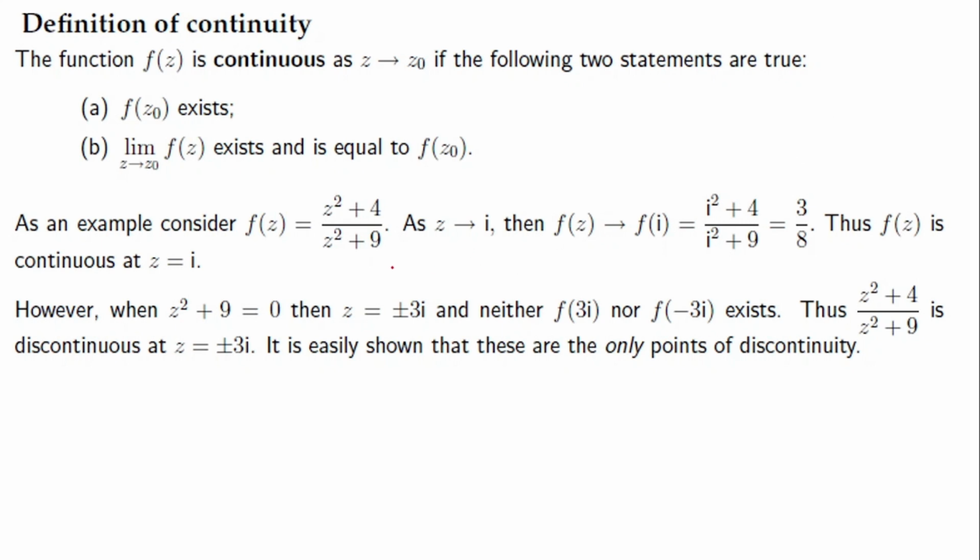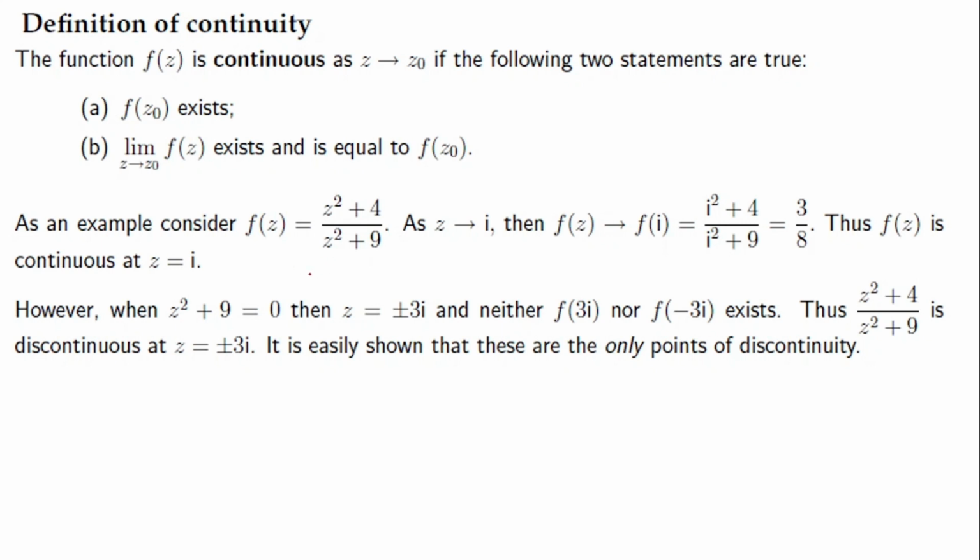However, we want to look at the point where there's discontinuity. If we take this denominator and equate it to 0, anything divided by 0 is undefined. It means that if this denominator can be equal to 0, the function does not exist. So that is the point where we must find our continuity.